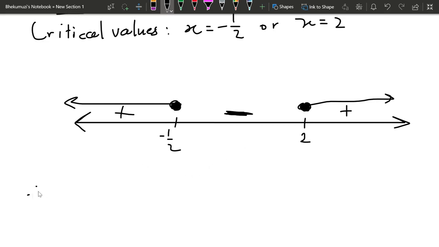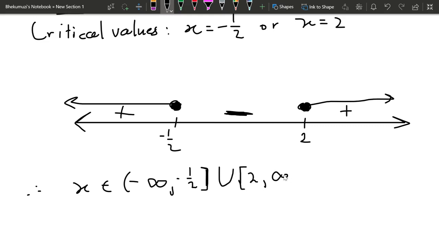Therefore we can say x is an element in interval notation from negative infinity to negative 1 over 2, closed bracket to indicate that negative 1 over 2 is included in the solution set, the union of the closed set of 2 to positive infinity, with an open bracket because infinity is not really a number, it's a concept. It's the concept that there are numbers greater than any number you could think of. If you think of 10,000, there's a number that's bigger than 10,000, and so on and so forth.